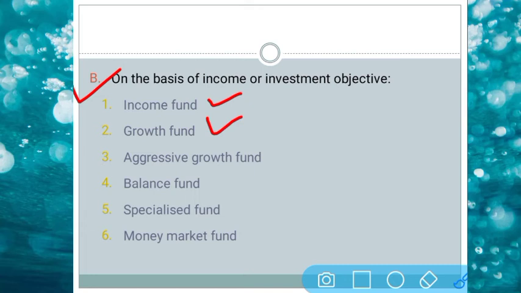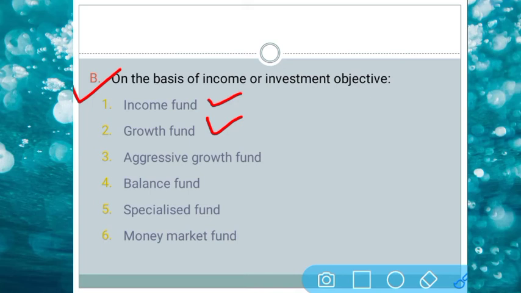Now the next is growth fund. Growth funds are a little bit different from income funds. In income funds, the major aim is earning regular income, while the growth of our total investment is neglected.